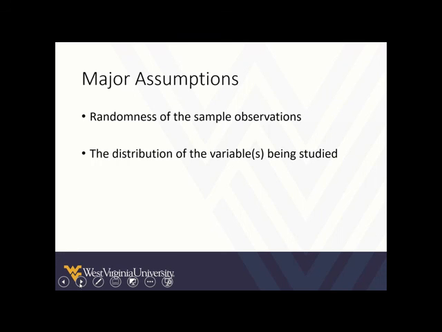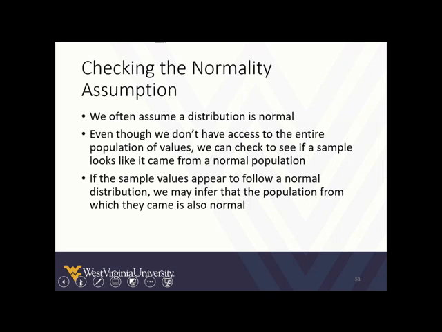There are two major assumptions that we have, and that is that we have the randomness of our sample observations and that the distribution of the variables being studied holds. And so most of these hypothesis tests and confidence intervals rely on the population being normally distributed. And so we do need to know how we can check that normality assumption.